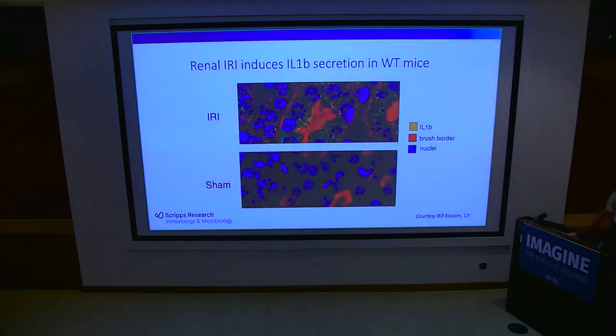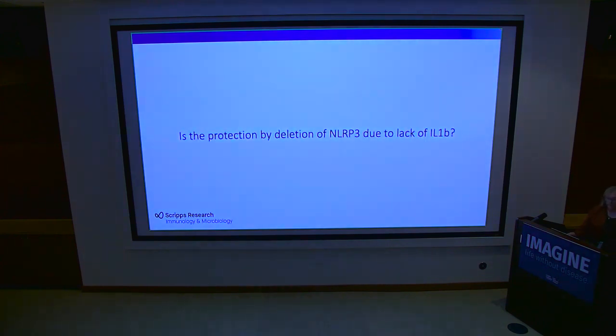And we also found, this is work, again, from Bill, that after ischemia-reperfusion injury, there's a ton of secreted IL-1 beta from the renal tubular epithelial cells in mice. So the question was, is this protection just an IL-1 beta effect? So blocking IL-1 beta would be a simple way, because we have antagonists to the IL-1 receptor.